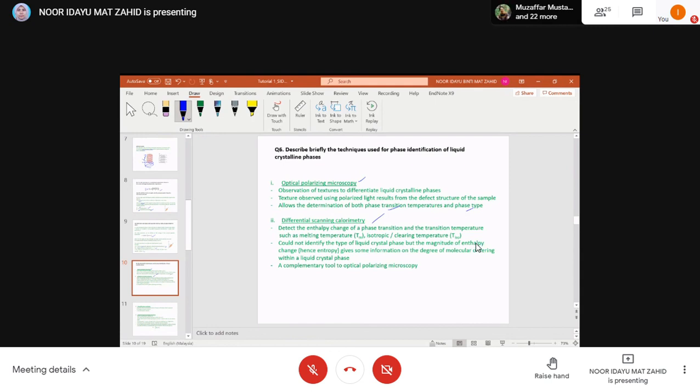As for differential scanning calorimetry, you apply heat to your sample and you quantify it using this differential scanning calorimetry.